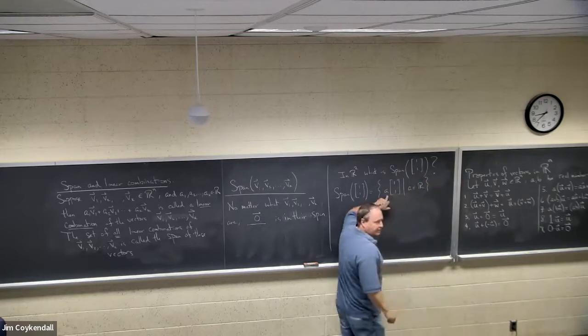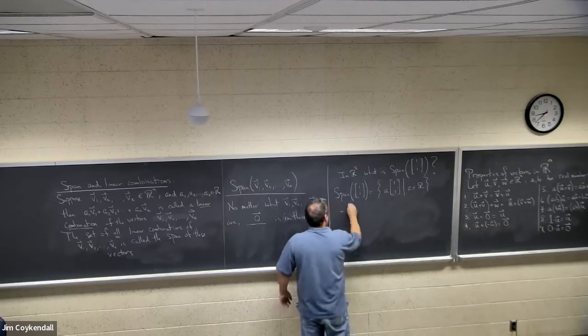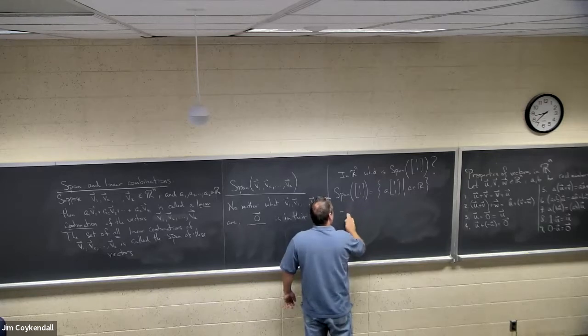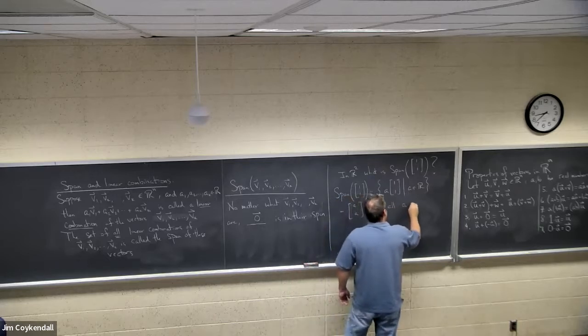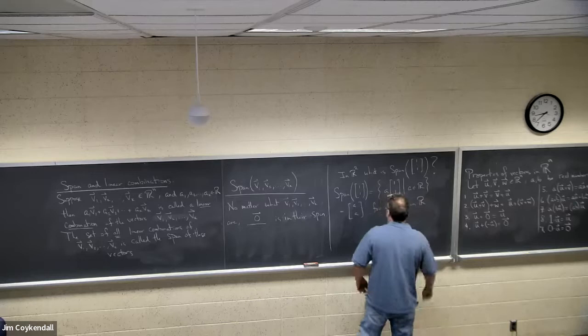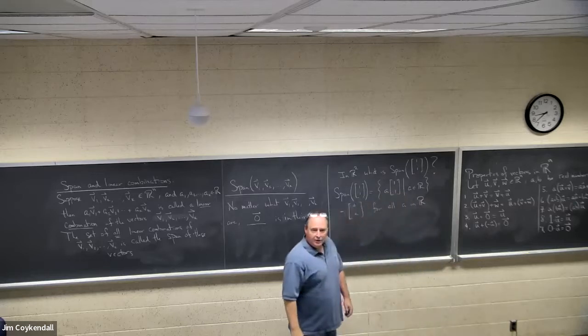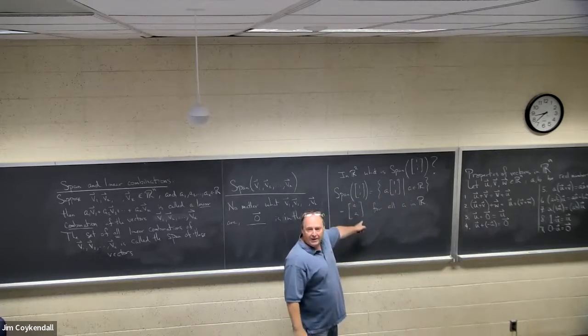It's every vector that can be written this way, so it's the set of all of them. So the span is just all vectors that have an equal x and y coordinate.